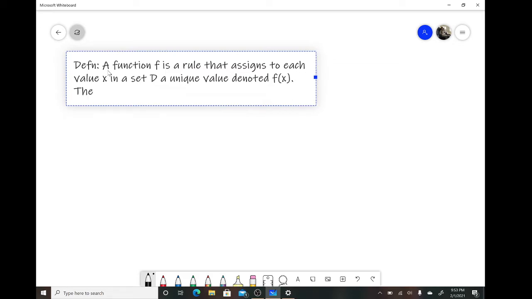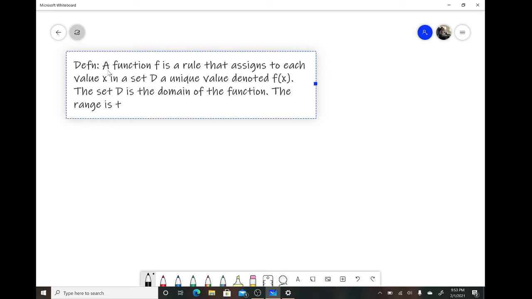The set D, as I just gave away, is the so-called domain of the function. The range is the set of all values of f of x produced as x varies over the entire domain.